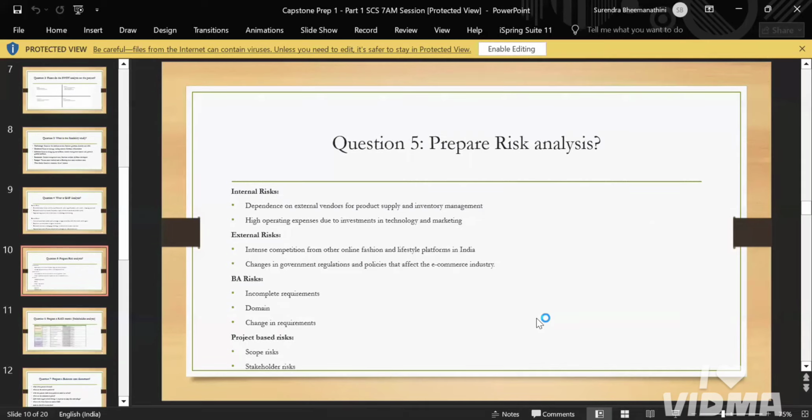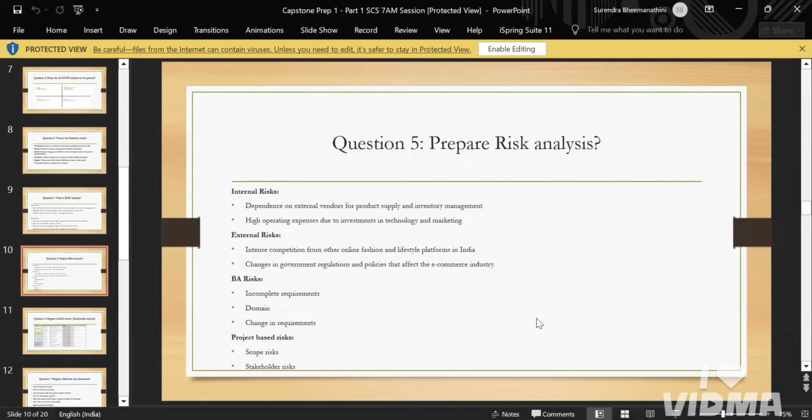For example, a BA risk is incomplete requirements, meaning from the client side you don't have enough requirements, or they want a domain change. Also, if the client changes requirements in the middle of the project, giving you two more requirements after you have taken the project, it comes under risk, because you can't add those two requirements, right?